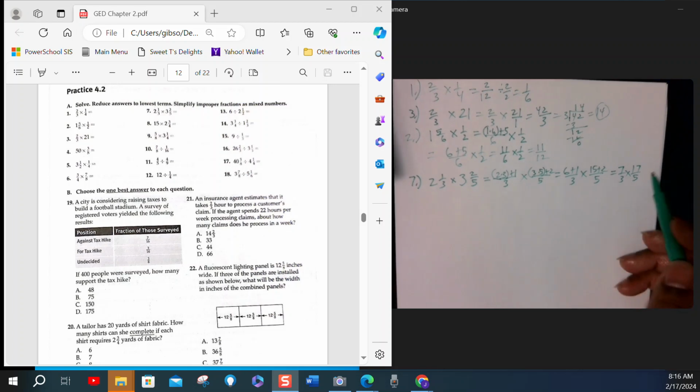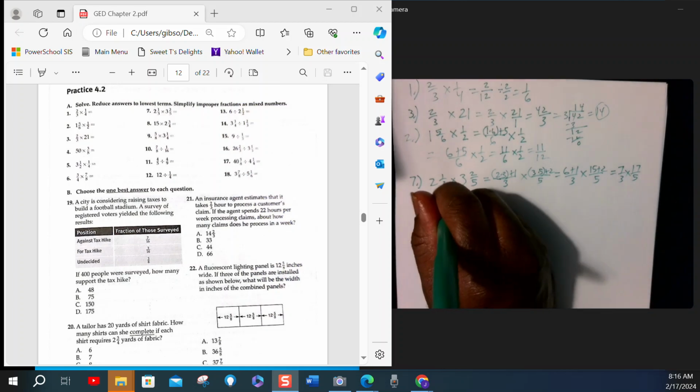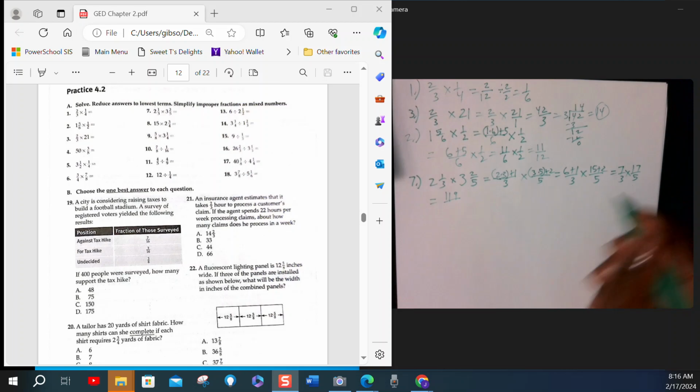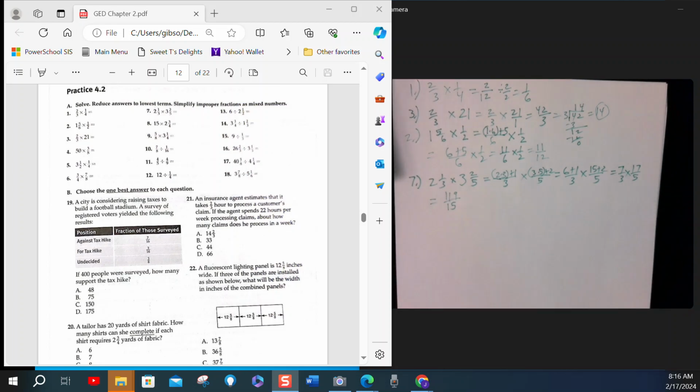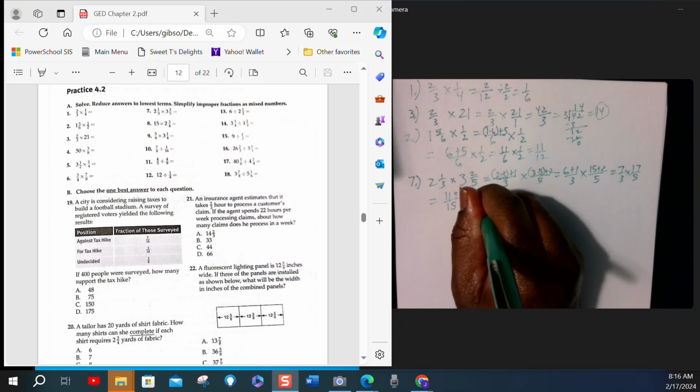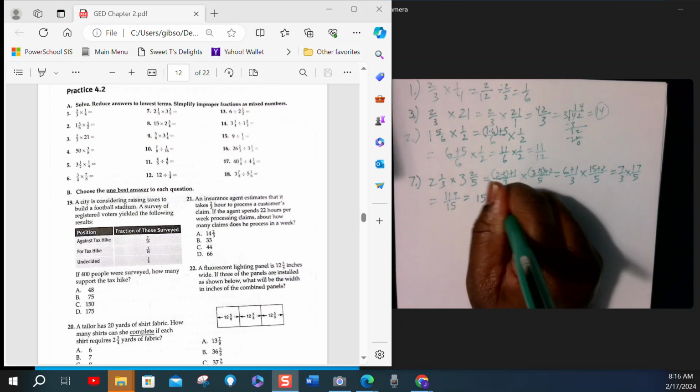Now, 7 times 17 is 119, and 3 times 5 is 15. Now, 119 and 15 have nothing in common. So what we would do now is divide it out because we have an improper fraction.